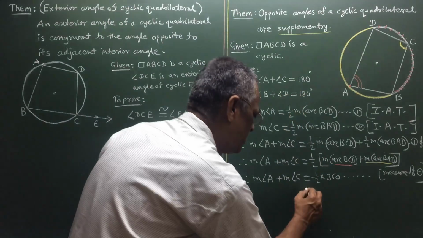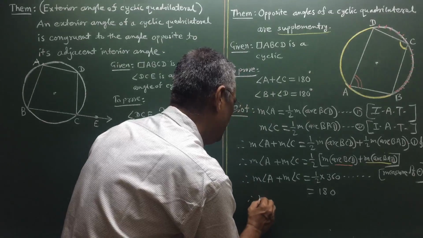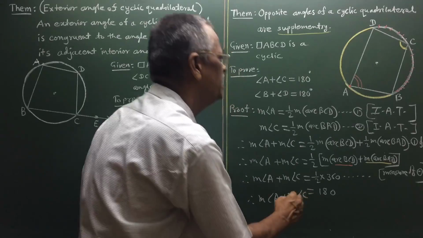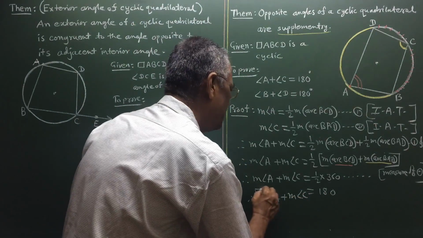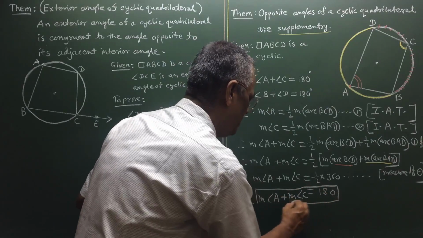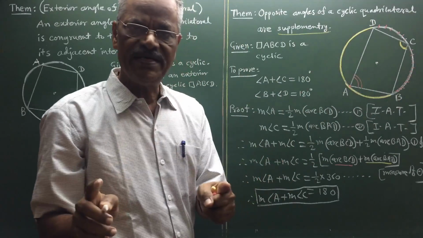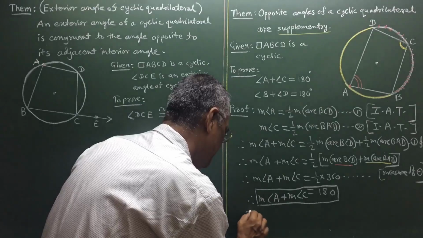So this is proved here. Measure of angle A plus measure of angle C is equal to 180. Similarly, we can prove the remaining opposite pair B and D together total is 180.